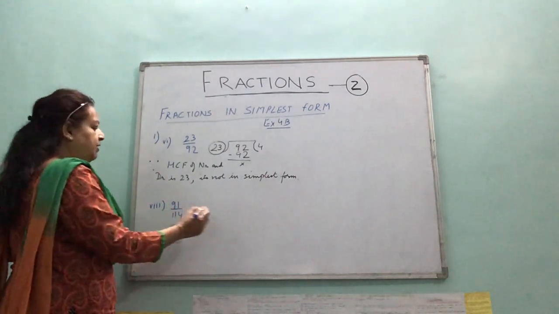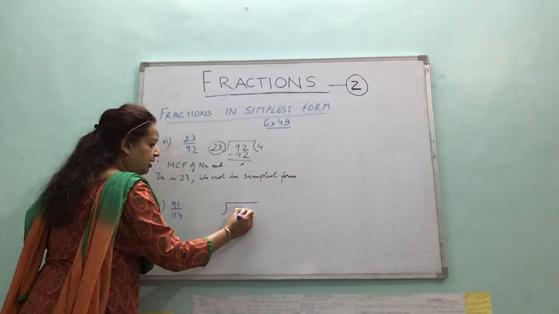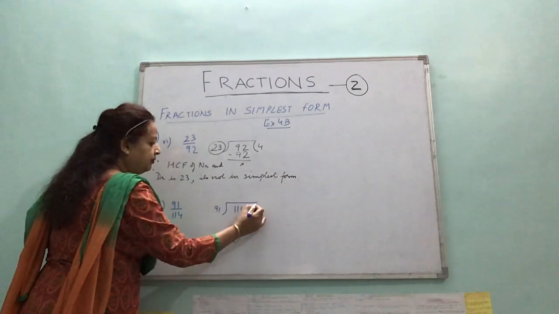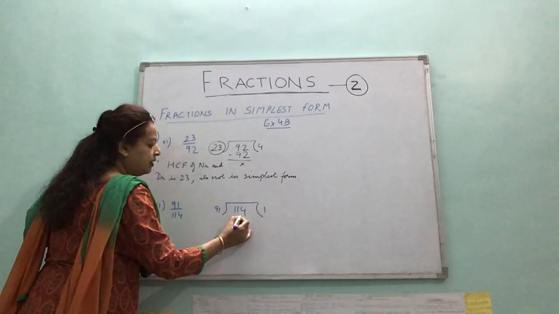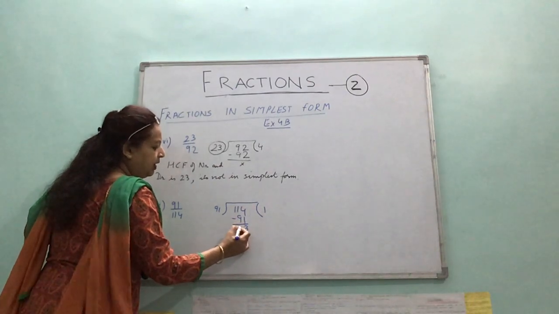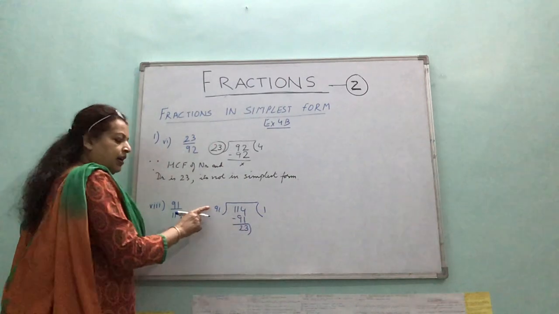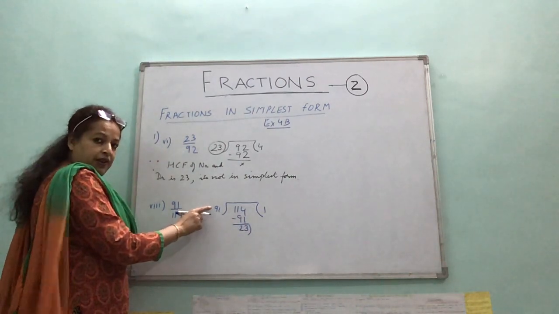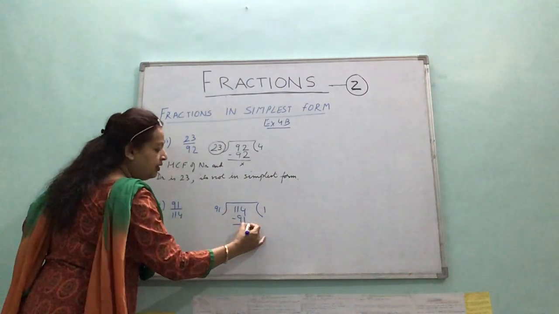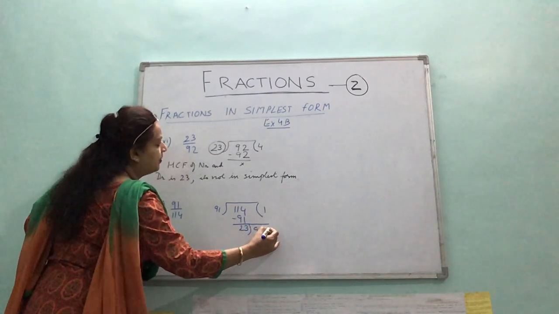The next one, 91 by 114. Again I'm finding the HCF here. 91 goes once into 114, 11 minus 9 is 2. The divisor of the previous step becomes the dividend, 91.